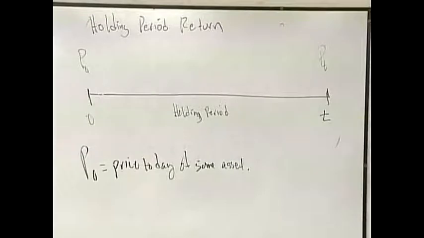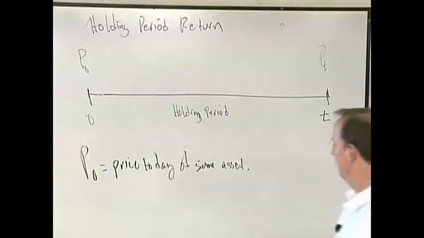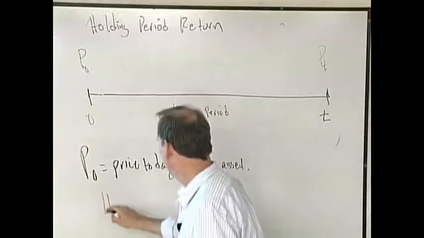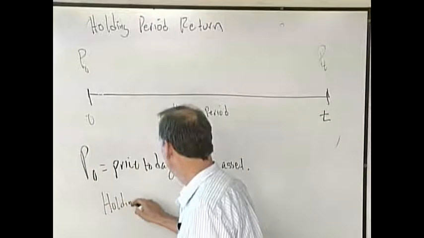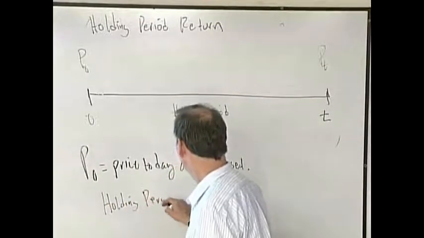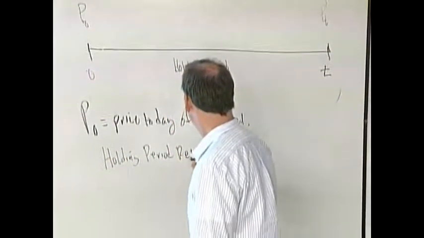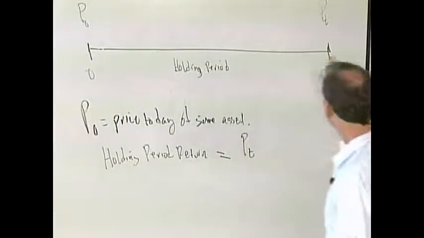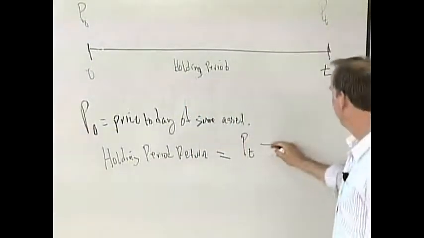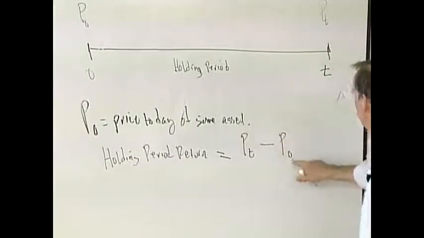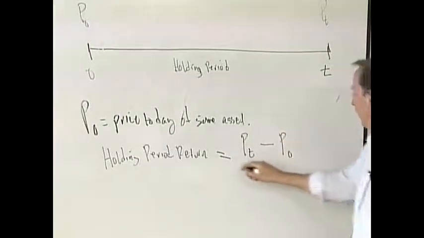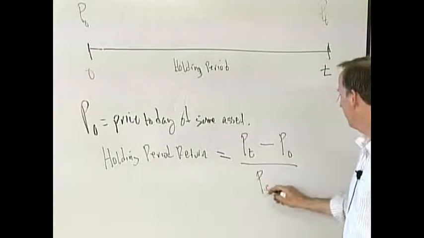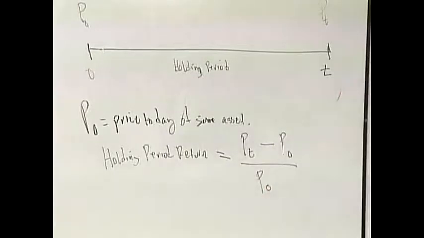And the rate of return, the percentage change in price over the holding period, is the holding period return. So the holding period return is equal to the price we sell it for at the end of the holding period minus the price we pay for it at the beginning of the holding period divided by the price we pay for it at the beginning of the holding period, right?